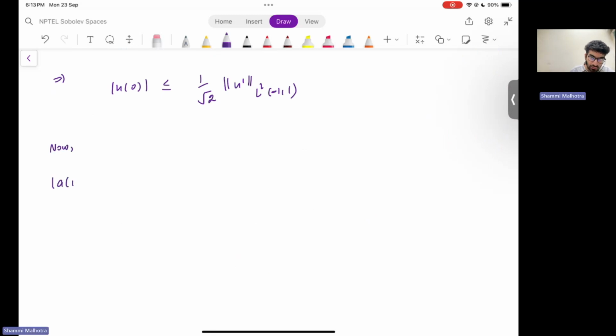Now we consider a(u,v), that is nothing but the integration over I of u' v' plus uv minus lambda u0 v.